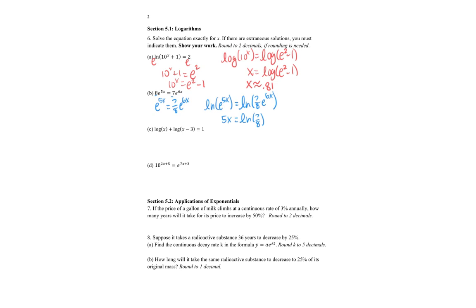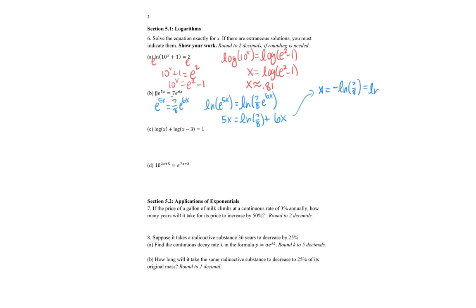and this is natural log of 7/8. Since this is a product, it breaks up as a sum, plus the natural log of e to the 6x, which just ends up being 6x. And so now I want to get the x's onto one side, and so I can subtract the 5x and subtract the natural log of 7/8, and I get x is equal to negative natural log of 7/8, which is equal to the natural log of 8/7, because this negative can come up as a power.